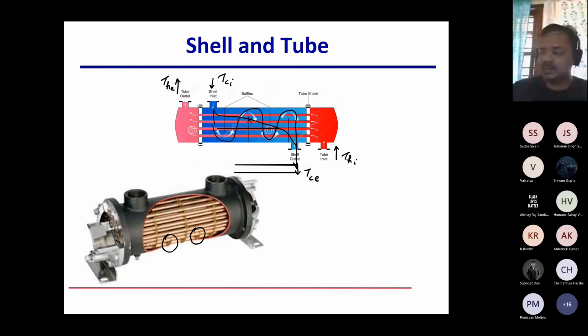The end point is somewhere in the middle. That is what I was talking about. These baffles do not extend fully, right? Because if they extended fully, they would have blocked the entire cross section. The cold fluid would not have been able to move. Clear? Does everybody understand the construction?